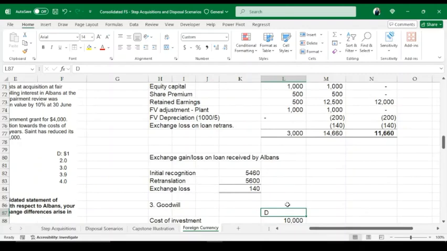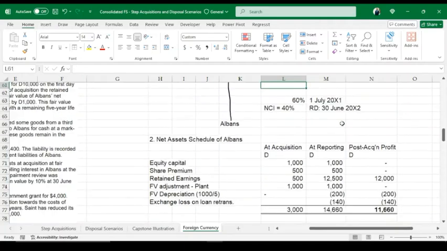So that's 140. This loan is actually an intra-group transaction, so the exchange loss that was recognized has to be eliminated, including the actual loan amount of 1,400.